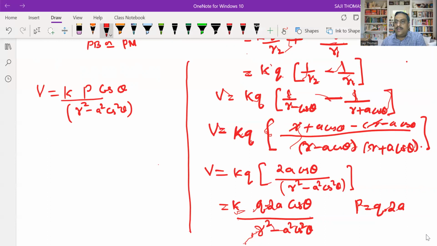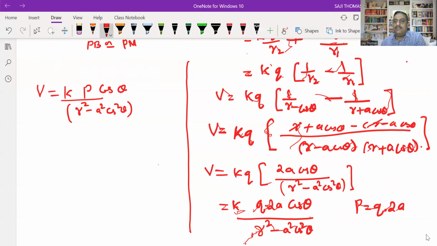Now, you know, in the denominator, A is very small. A is dipole length. It is of the order of 10 raised to minus 3 and even less, I told you. So when you take the square, 10 raised to minus 6, it is 0.000001, right?